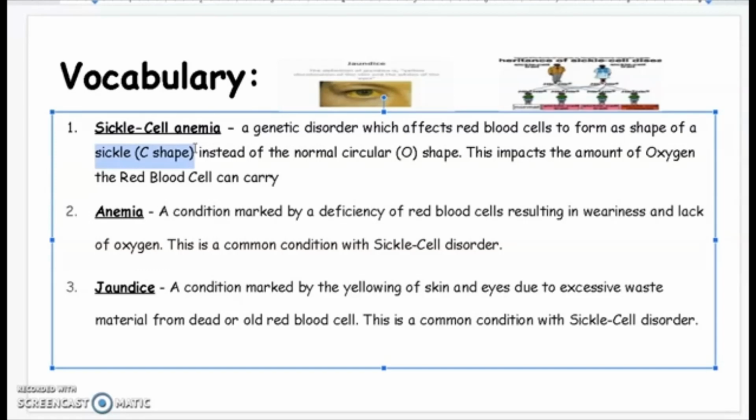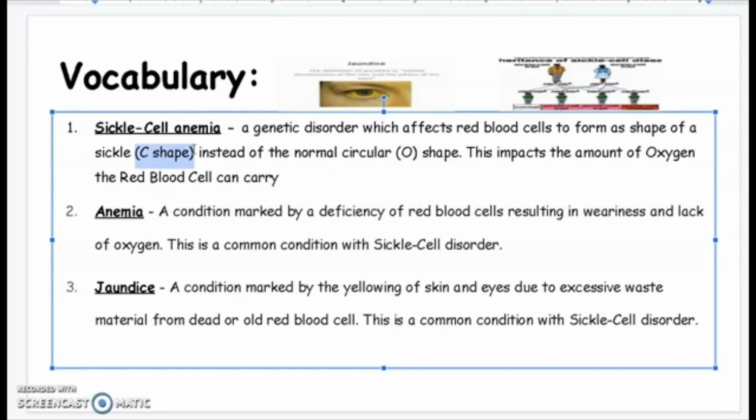Now, when this mutation occurs, this actually impacts the amount of oxygen the red blood cell can carry. And so the way to remember is normal circular shape, the O shape, is maximum carrying capacity, while a C shape is less oxygen carrying capacity.